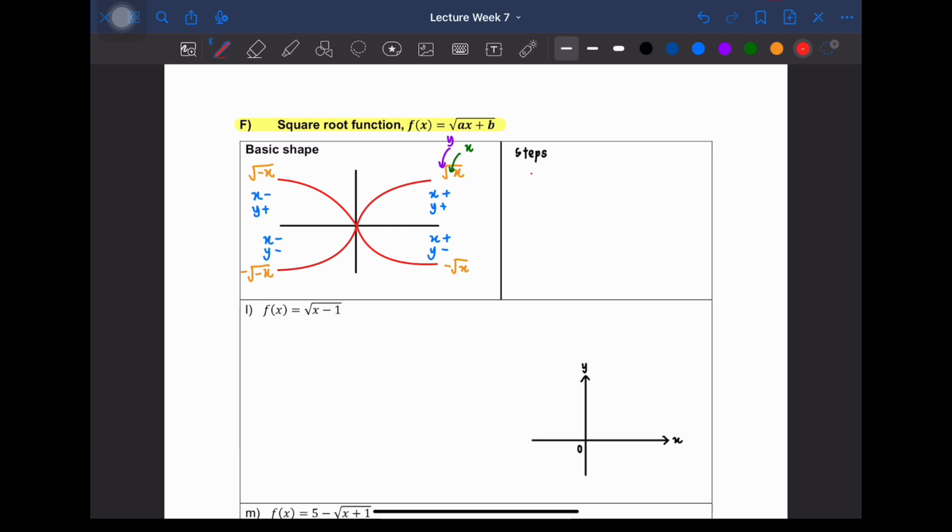Dia nama dia dipanggil sebagai SISS. S yang pertama stand for shape. Okay, and then I adalah intercepts macam biasa.